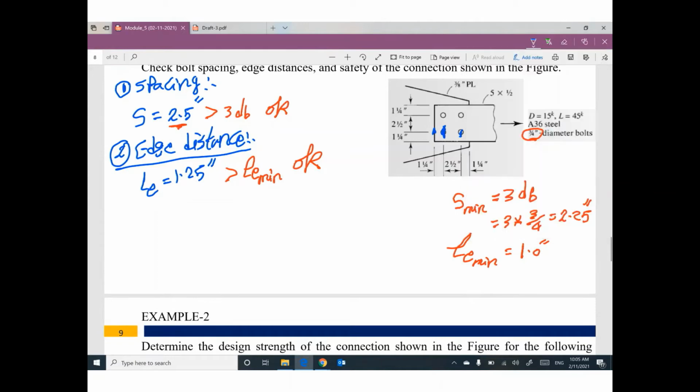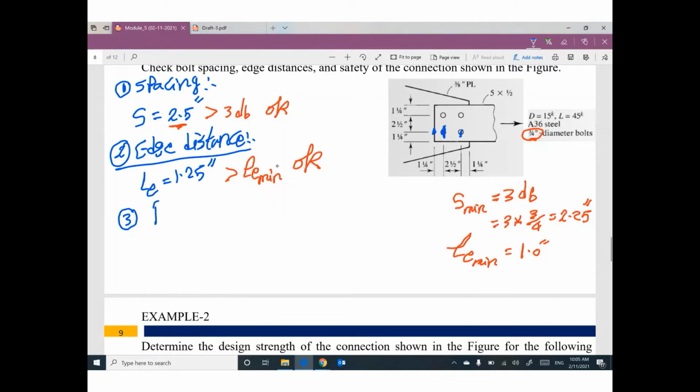Part number 3. We need to check the safety of this connection. Okay.